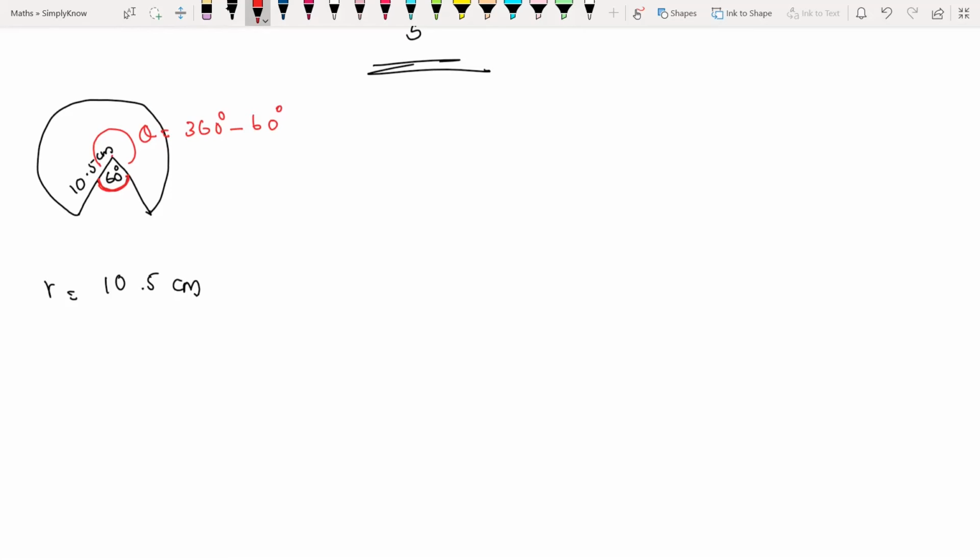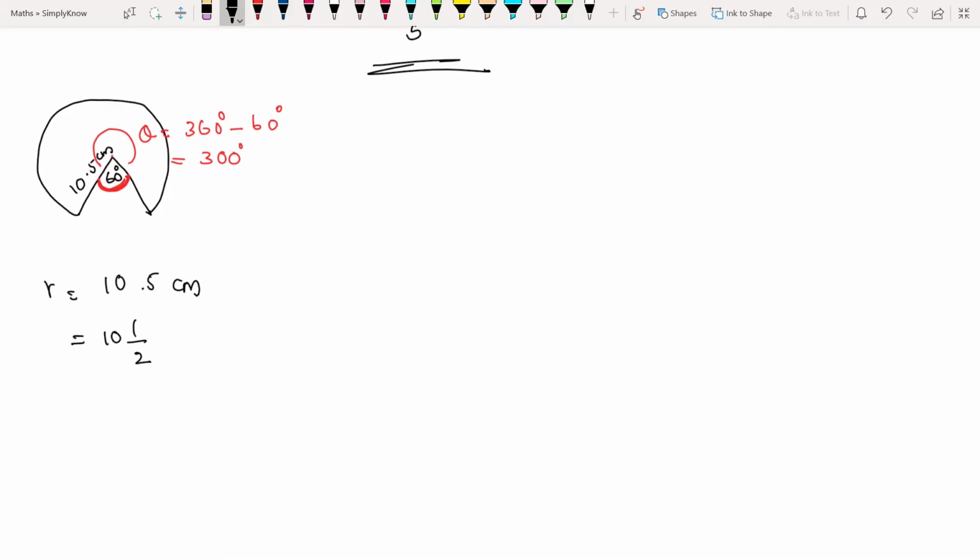So we know the angle over here. Then the angle inside must be 360 degrees minus 60 degrees, which is 300 degrees. And the radius, it's better for us to convert it into an improper fraction. So I'm going to write 10.5 as a mixed number, 10.5.